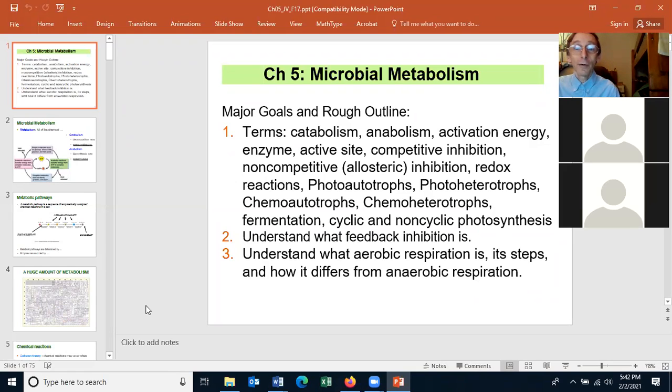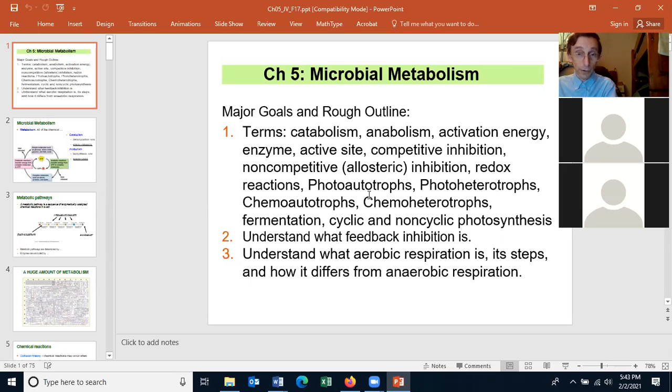Chapter 5 on microbial metabolism. The slide gives you the major goals of this chapter, not all of the goals. For all of the goals, you should look at the, what do I call that? The, not the chapter notes, but the chapter objectives. And a rough outline. So know the terms: catabolism, anabolism, activation energy, enzyme, active site, competitive inhibition, non-competitive inhibition, which is also called allosteric inhibition, redox reactions.